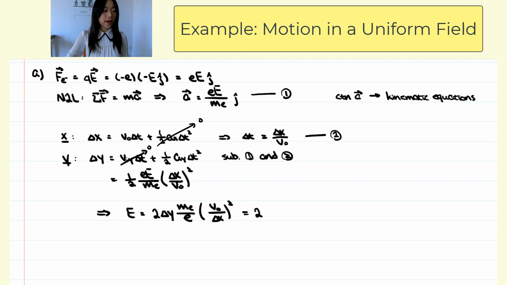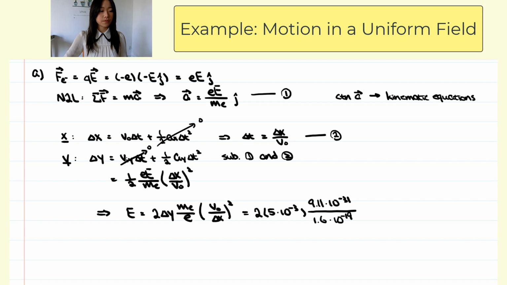2 times delta y, with delta y being 0.5 centimeters, which is 5 times 10 to the power of negative 3 meters. The mass of the electron is 9.11 times 10 to the power of negative 31 kilograms, divided by e, which is 1.6 times 10 to the power of negative 19 coulombs.